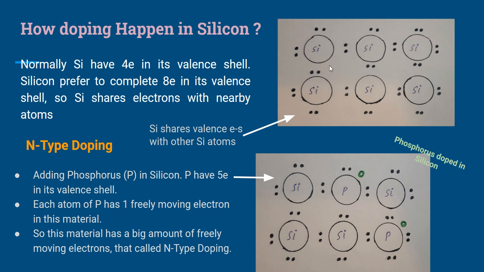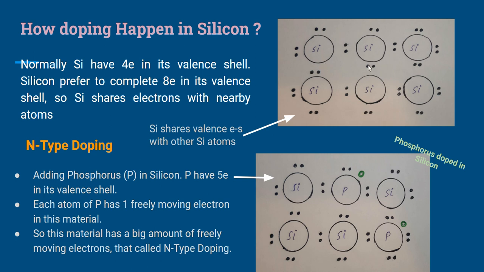Here you can see very clearly one silicon atom making a covalent bond with another silicon atom, and they now have 8 electrons in their outermost shell, and each one is the same.